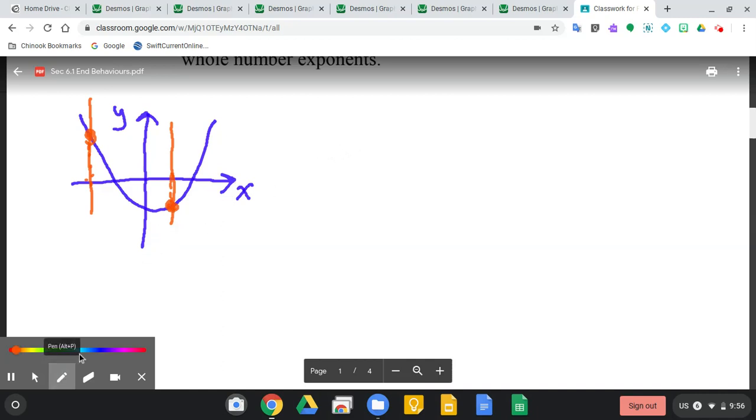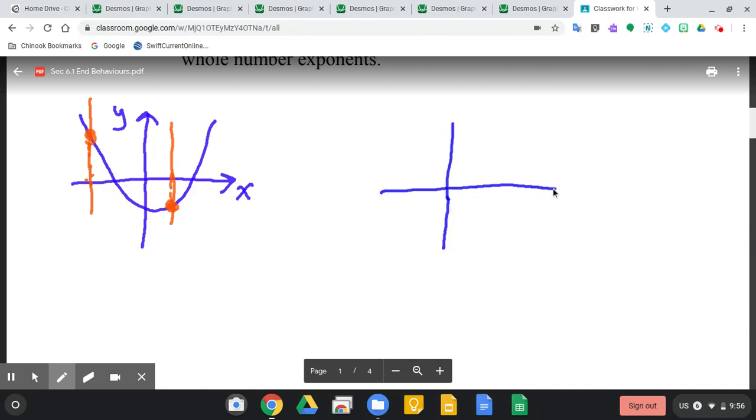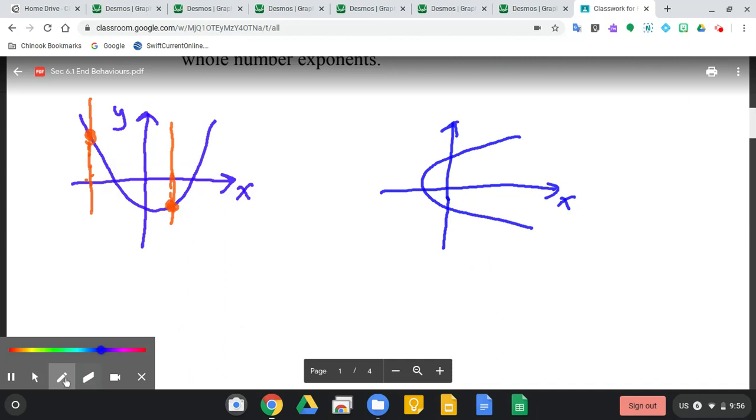Let's draw another graph. Let's take our parabola and tip it over this way. Now, if I pick a value of x, let's say my value of x is right there, and I draw a vertical line through here, we are cutting this graph in two spots.